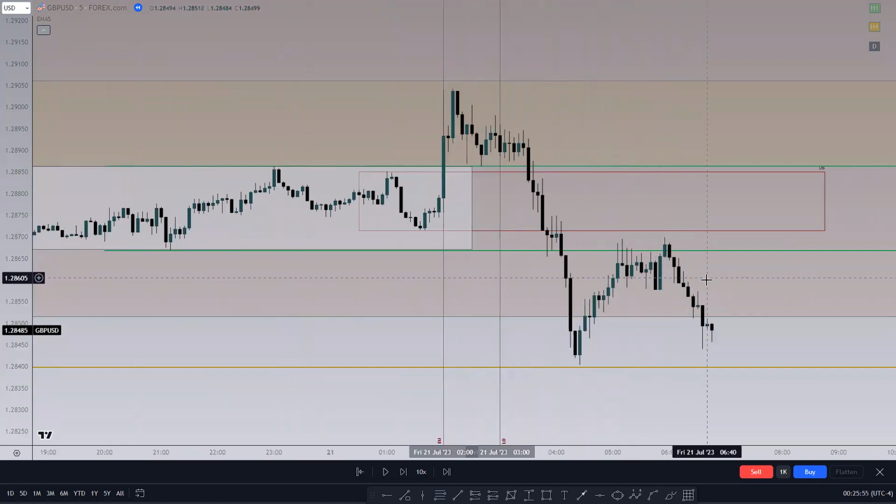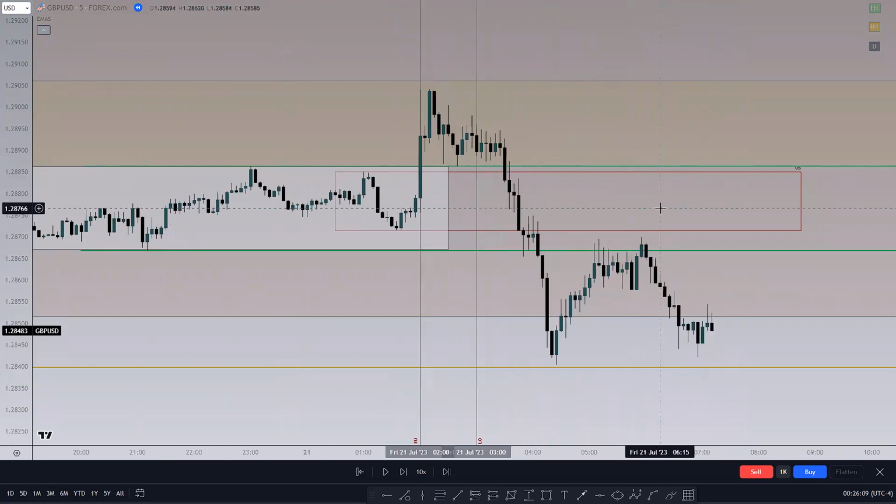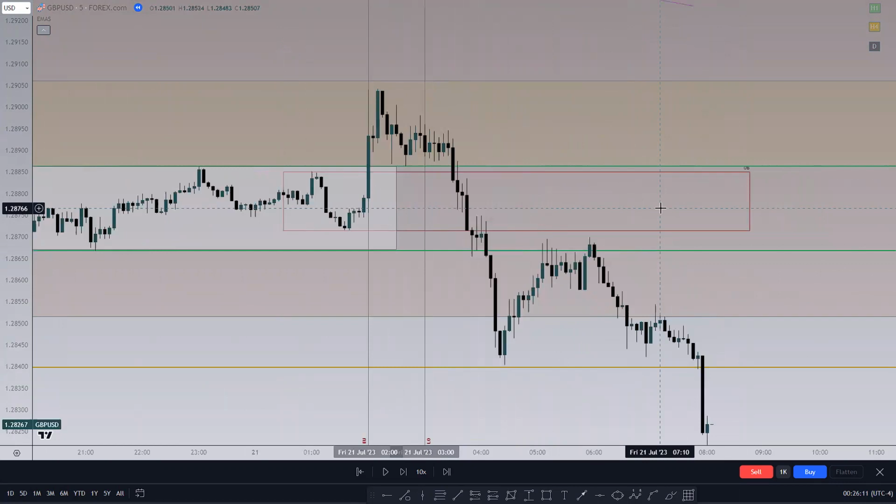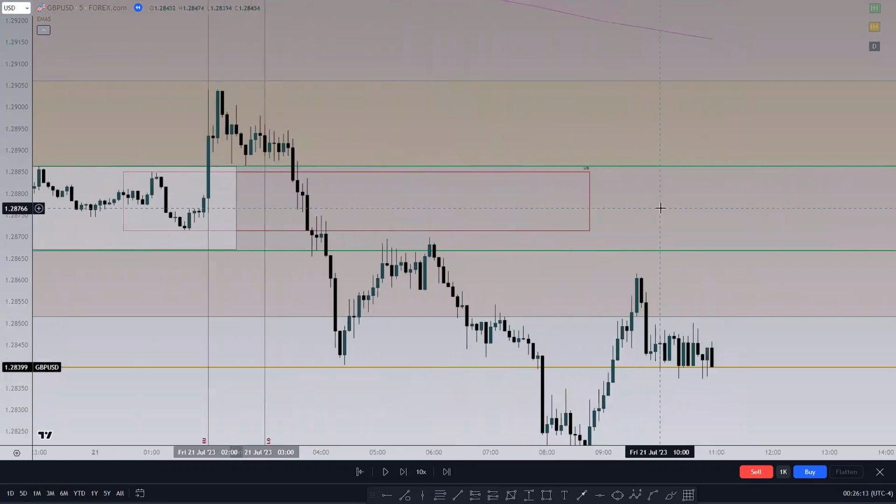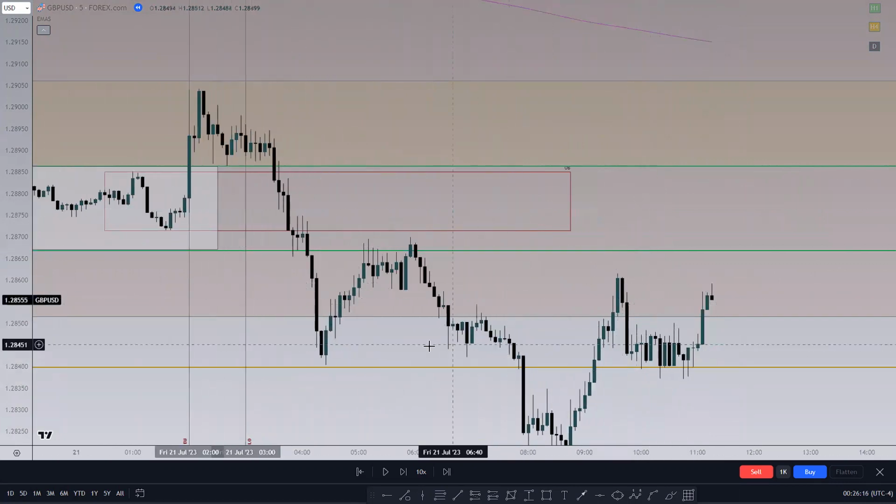Our trading session closes at 6:30 maximum, so 6 p.m. UK time is when we stop trading. 6:30 is sort of an allowance that we give in case price is close to an AOI, doesn't quite trade into that AOI, and then proceeds to give that bearish continuation that goes into the New York session, okay? So that was on Friday. Unfortunately, there wasn't any setup because price failed to retest our AOI.